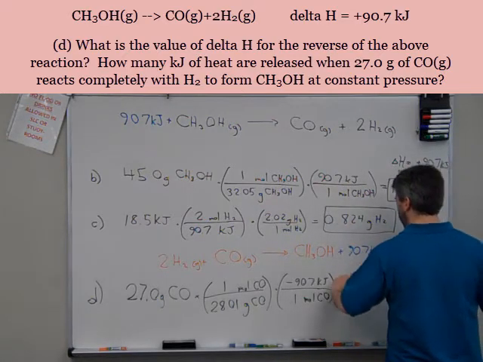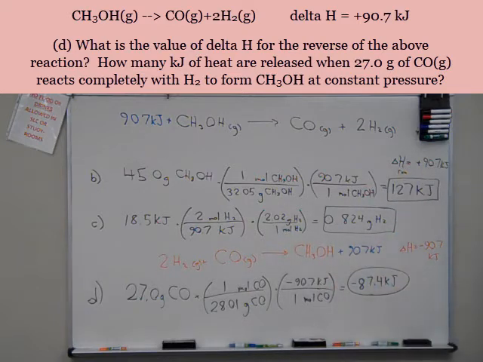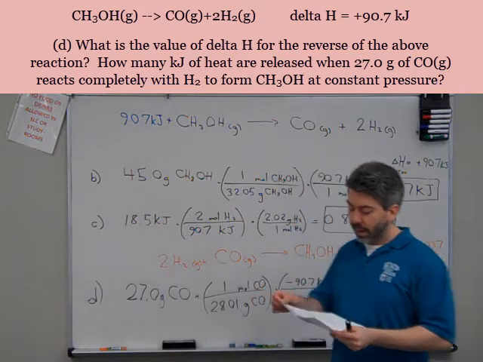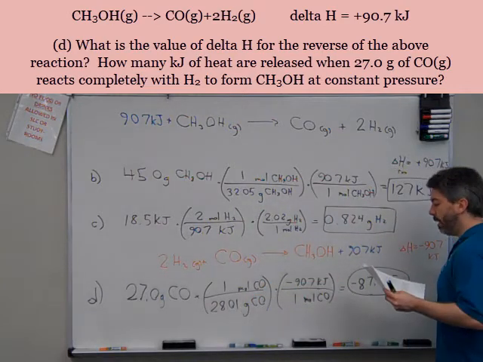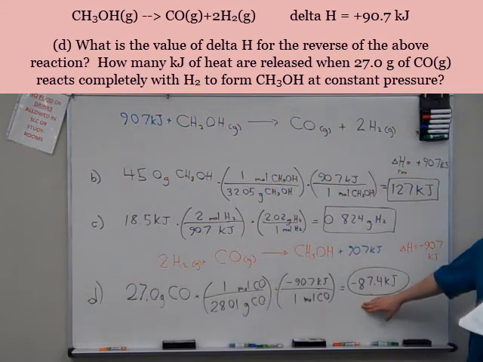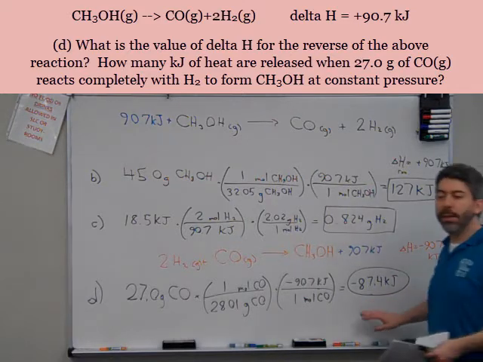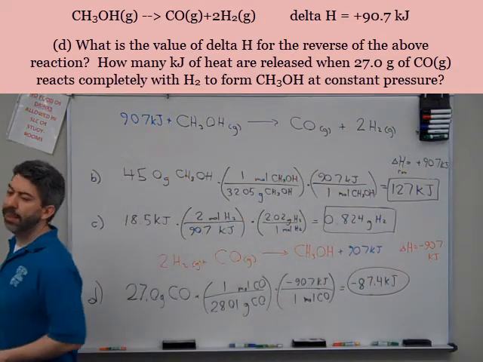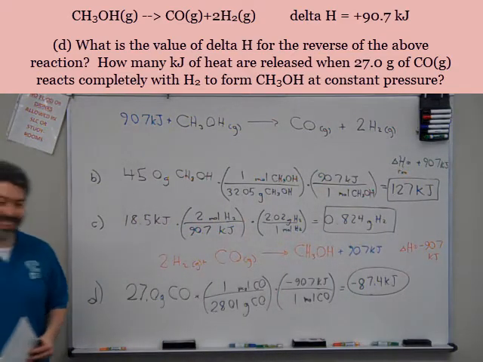Now, it asks us how many kilojoules of heat are released. So is this my answer? Do we need to subtract it? This is one of my least favorite parts about thermochemistry. Semantics.